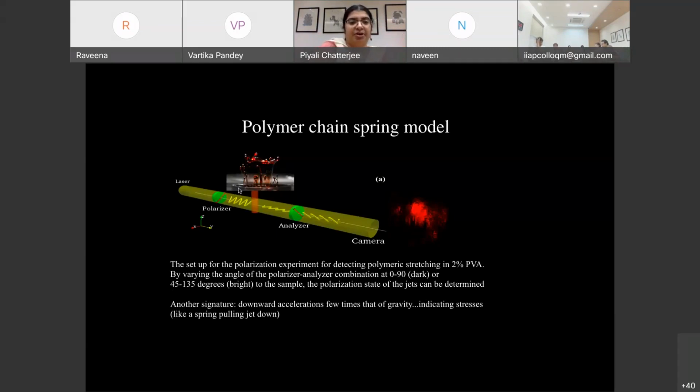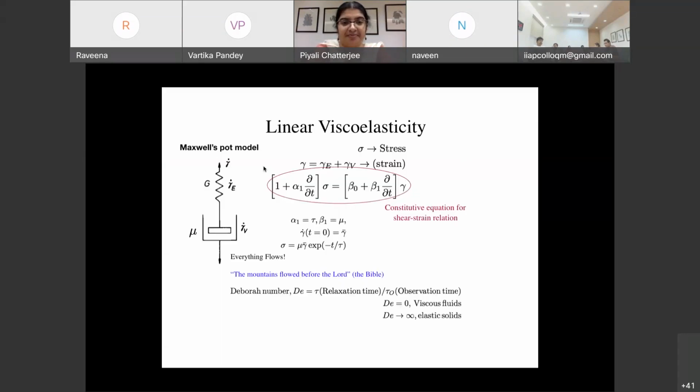This is basically because along the jet there are electrons and they are absorbing the electric field which is along the jet, and that will basically absorb the polarization in that plane, and it will only allow the polarization perpendicular to it. So that basically is a direct optical evidence of the fact that the polymers stretch when these kind of jets are forming.